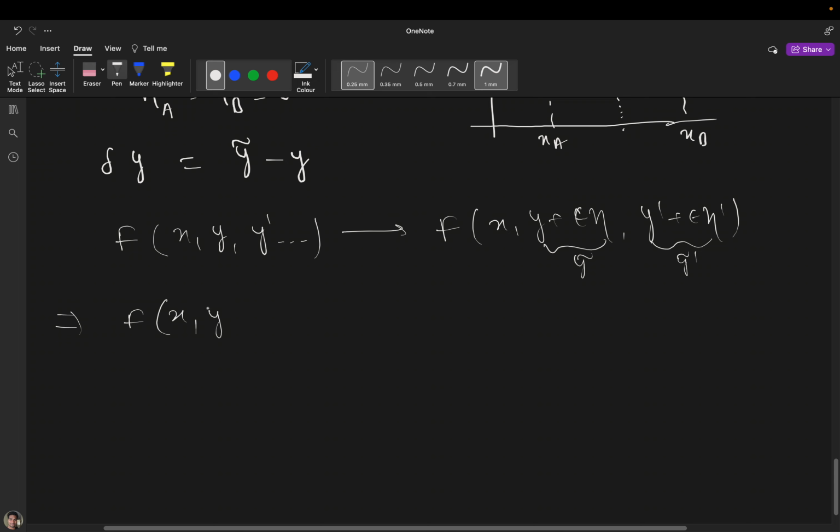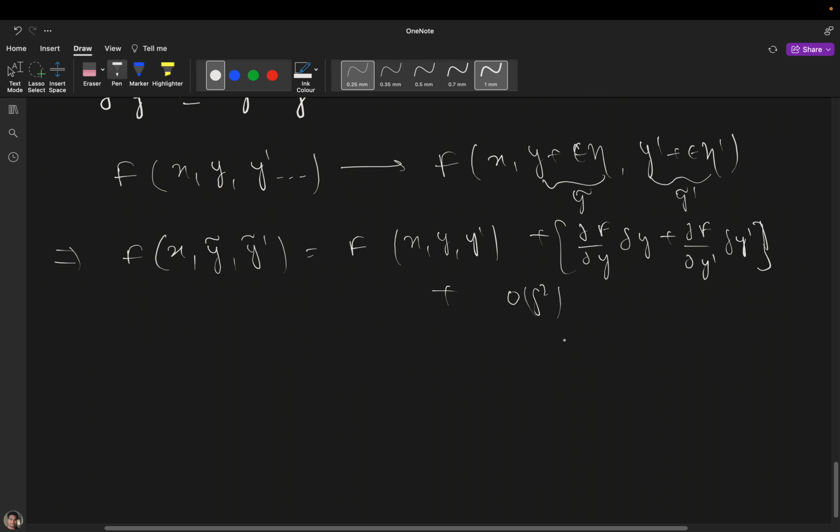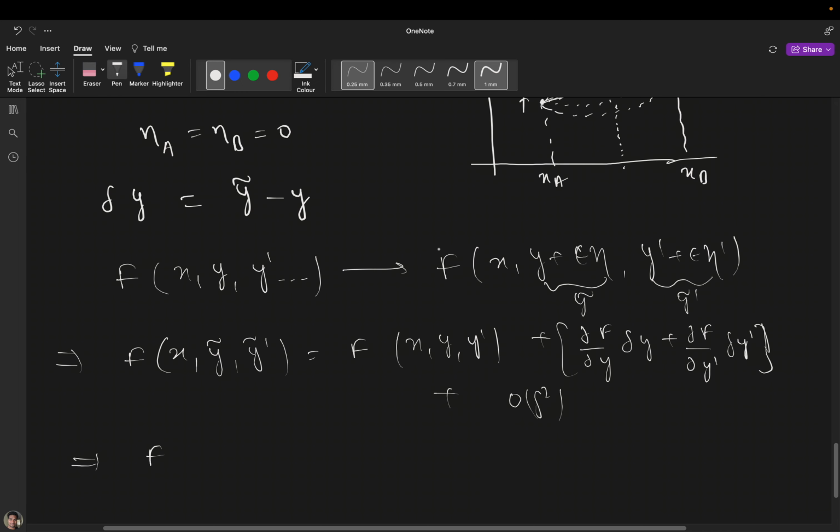So from Taylor expansion, f of x, y, y dash plus del f by del y, del y, plus del f by del y dash, plus higher order terms.